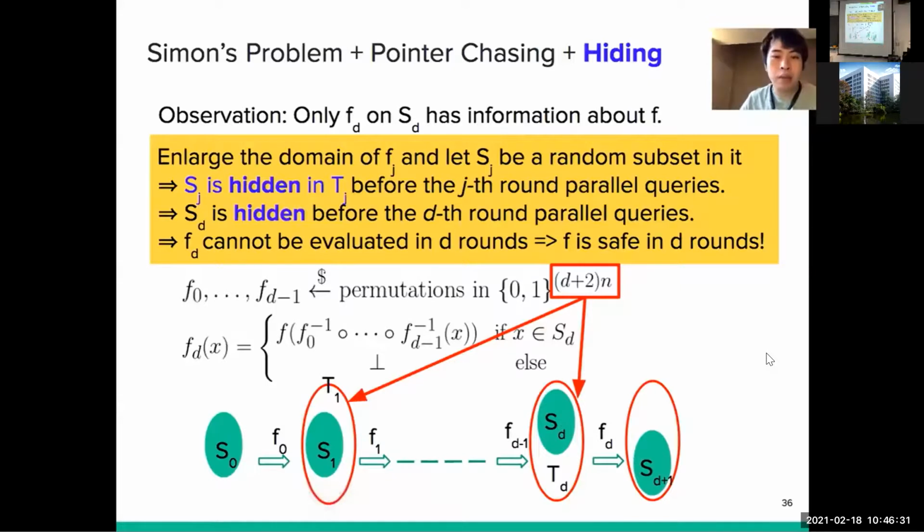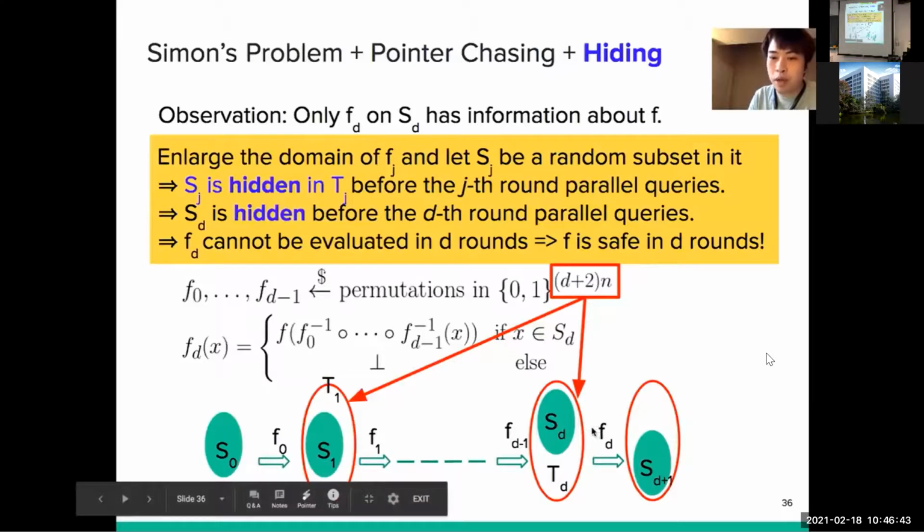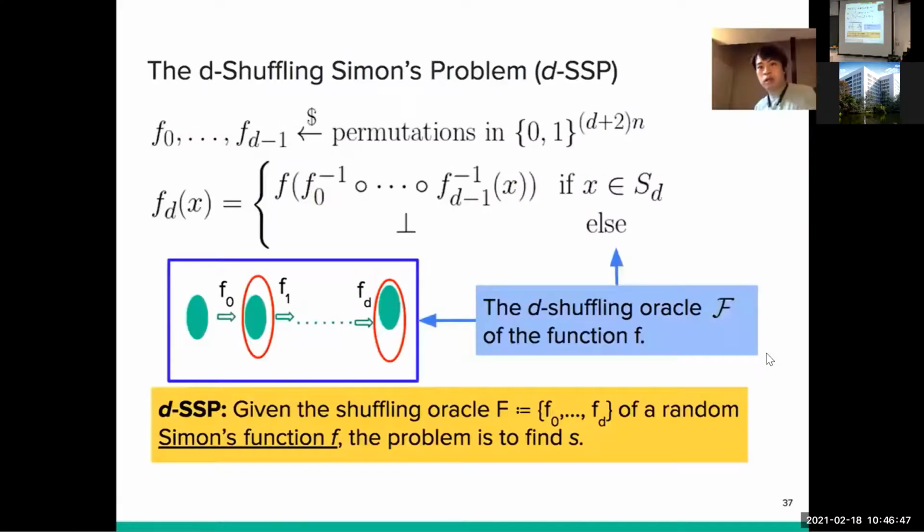Therefore, fd cannot be evaluated in d rounds, so f is safe in d rounds. Now it looks like we must use d plus 1 sequential queries to compute fd and Sd. So this is our problem.